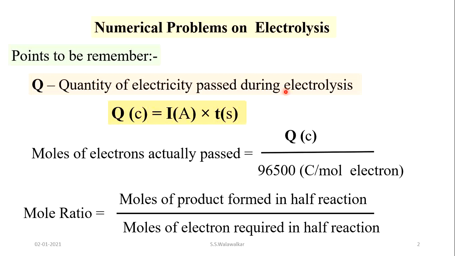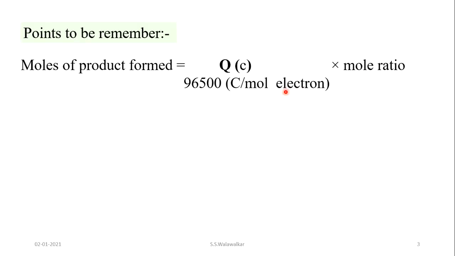From that you can easily calculate the mole ratio, that is, moles of product formed in the half reaction divided by moles of electron required in the half reaction. From the mole ratio we can calculate the moles of product formed using this formula: Q divided by 96,500 into mole ratio. This will give you the moles of product formed.